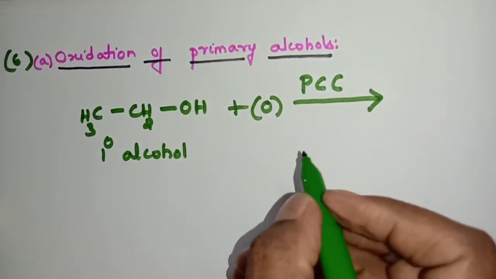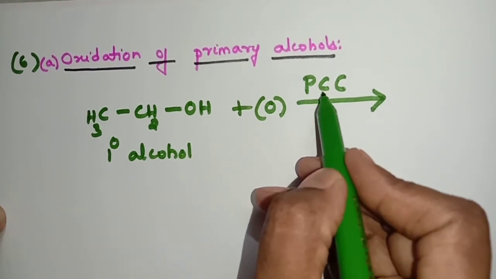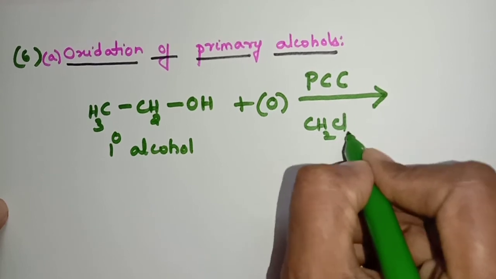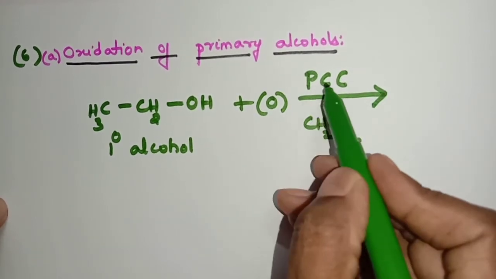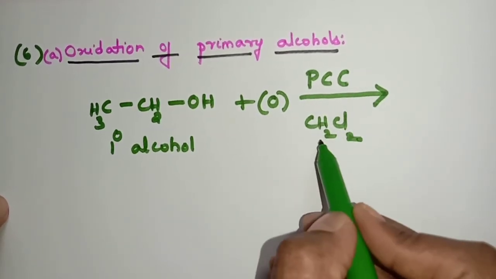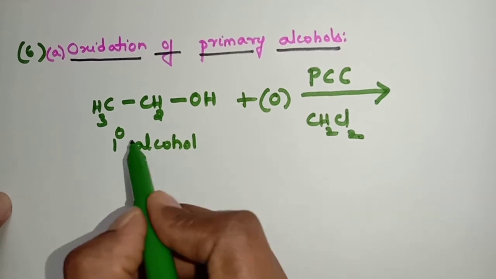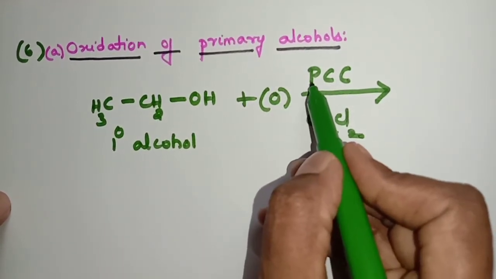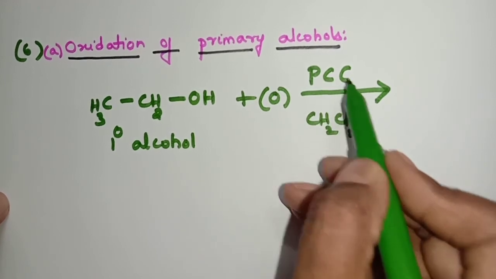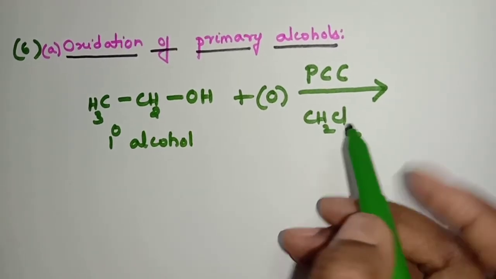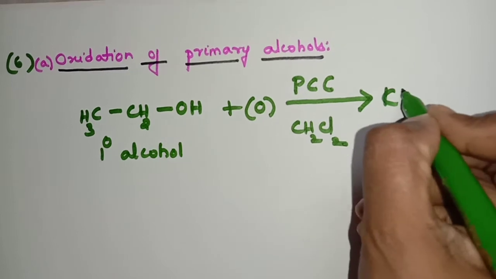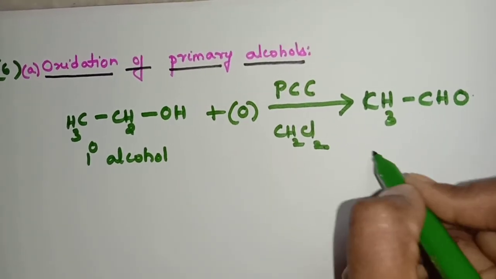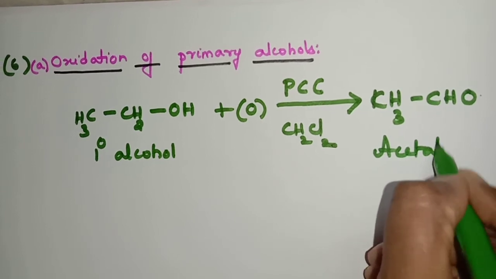What is PCC? Pyridinium chlorochromate in the presence of methylene chloride. This acts as an oxidizing agent and this is a solvent. So primary alcohols on oxidation in the presence of pyridinium chlorochromate and methylene chloride yield CH3CHO. This is acetaldehyde.